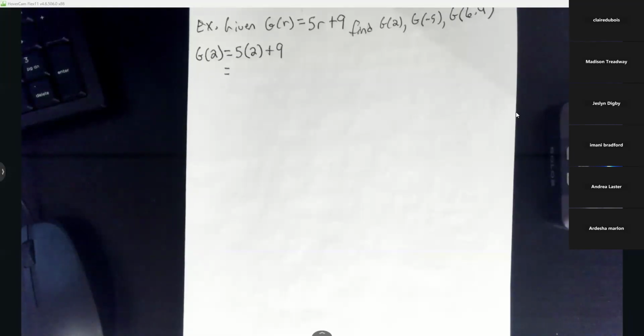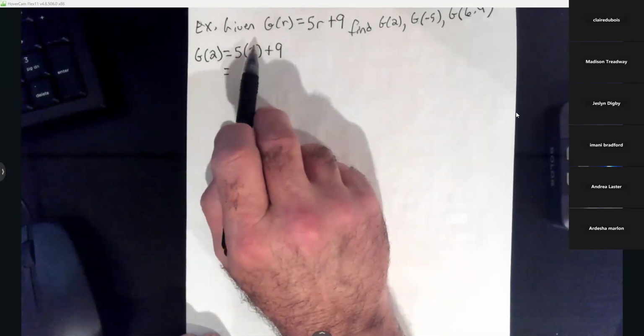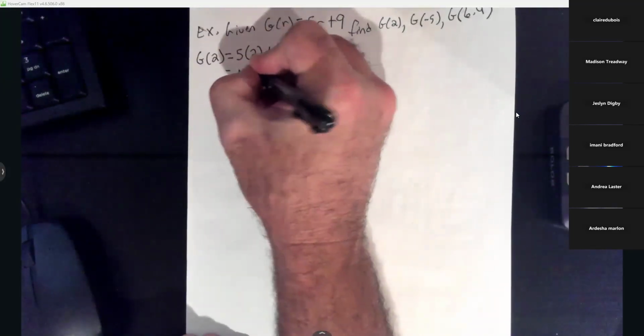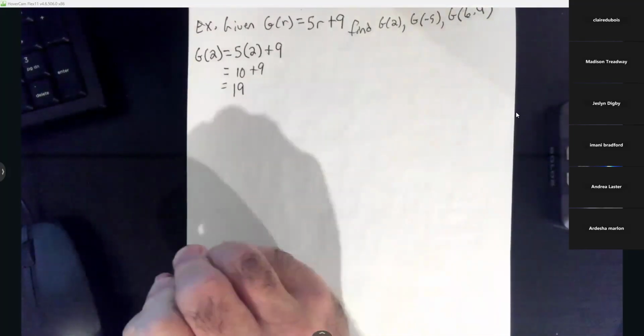All right, y'all, so what y'all getting on that? All right, perfect. 19. 5 times 2 is 10. So you get 10 plus 9, which is definitely 19.